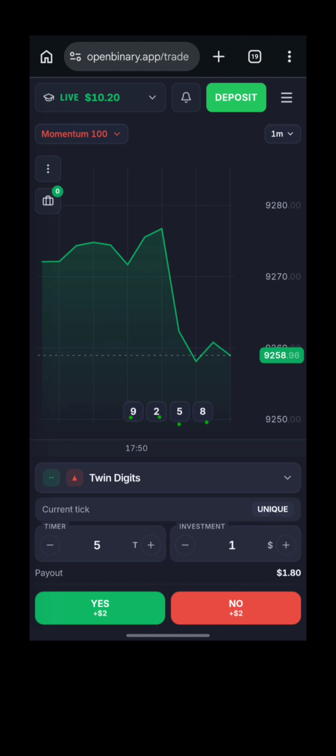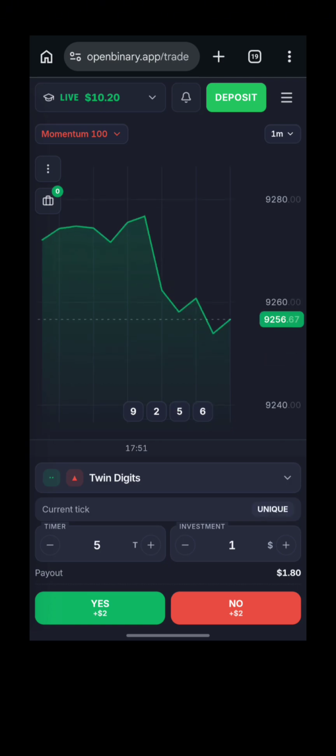If two digits have repeated themselves, I always enter a trade, because when you look at this kind of strategy, you realize that when the price is within a price range, there are some digits that price will keep touching again and again. Let's say price is within 9,253 right now. You'll find that sometimes price will come back.